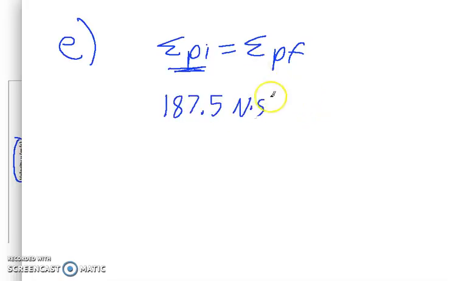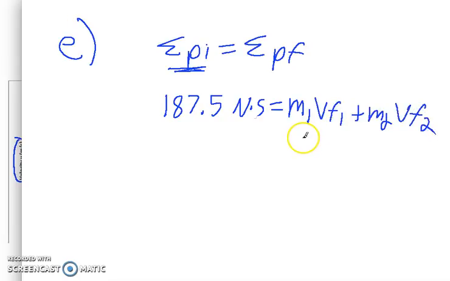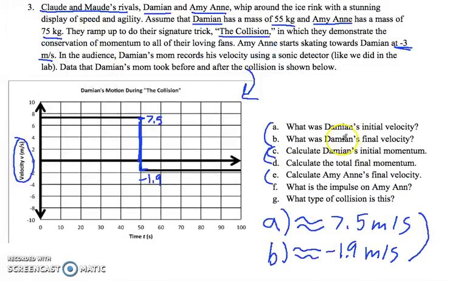The total final momentum is going to be the mass of Damien times his final velocity plus the mass of Amy Ann times her final velocity. Now we just have to plug in, keeping in mind that we're solving for Amy Ann's final velocity.